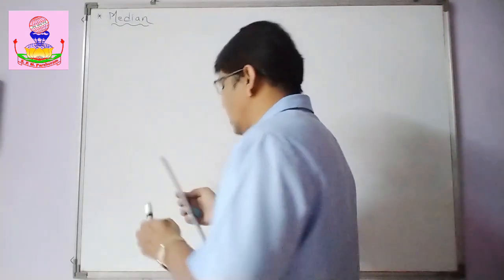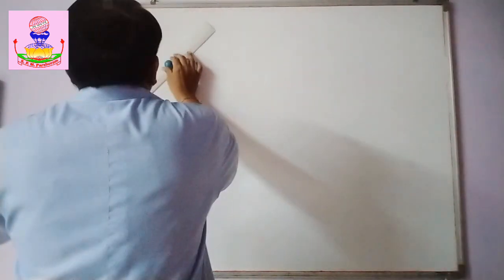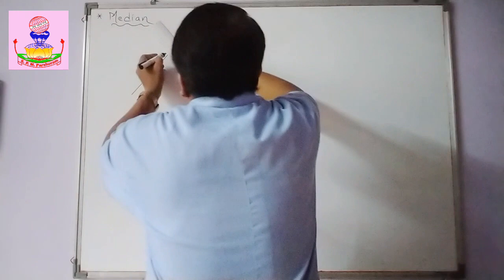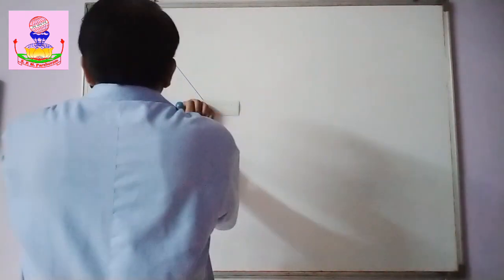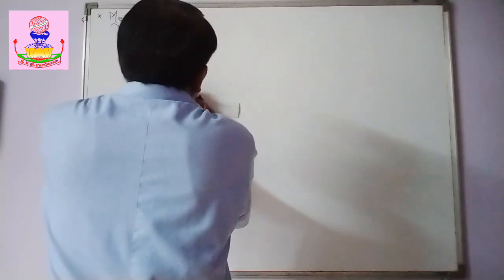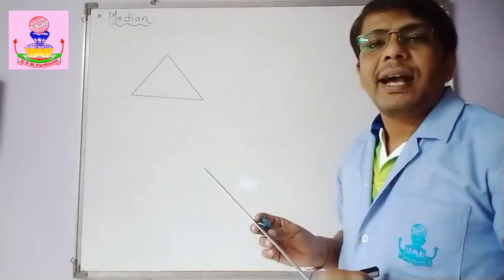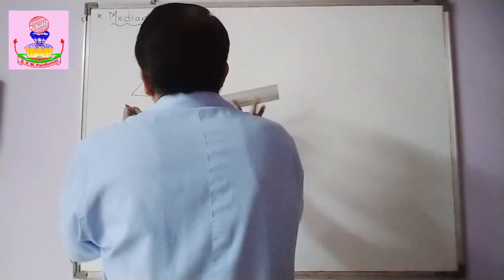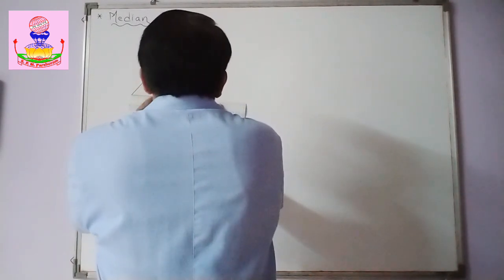Okay, so first I am drawing the acute angle triangle. Okay, so this is the acute angle triangle, and I am now drawing the medians of it. All the 3 medians. You will come to know how many medians there are.